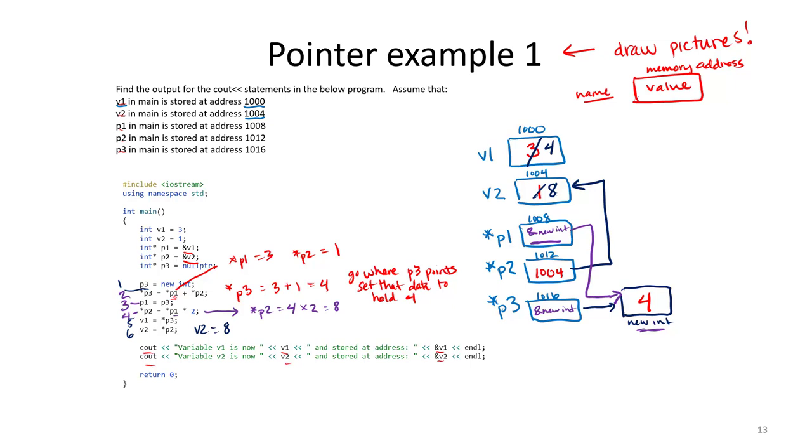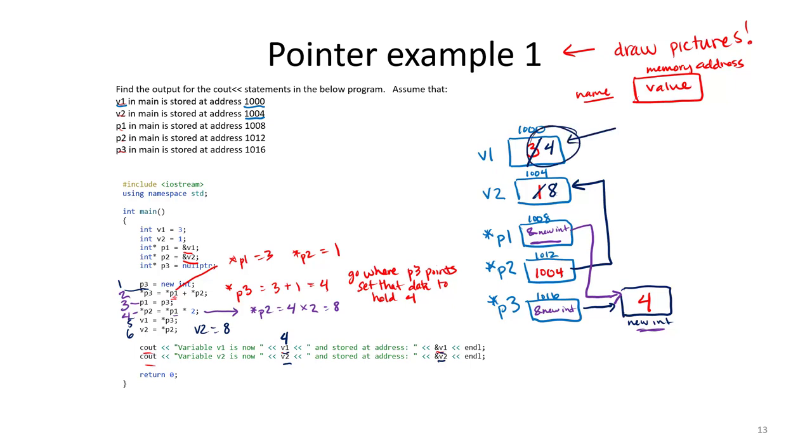So finally, our last task is to go through and update what these cout statements will output. So all we need to do is look back at our picture and determine V1, ampersand V1, V2, and ampersand V2. So here, variable V1 currently holds the value 4 based on our figure.